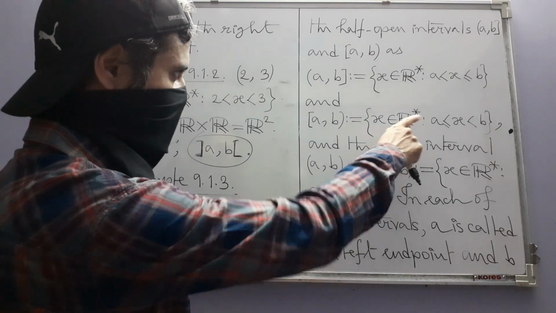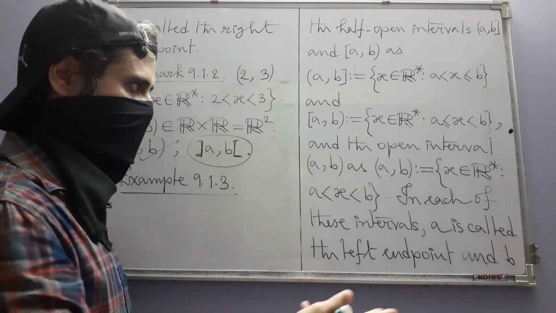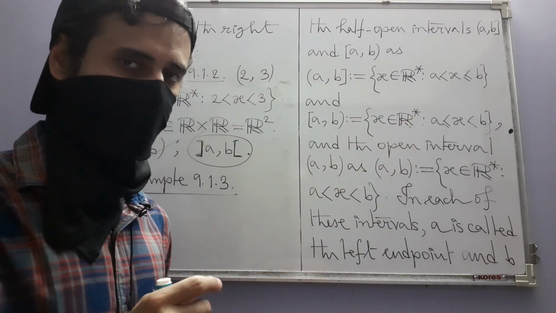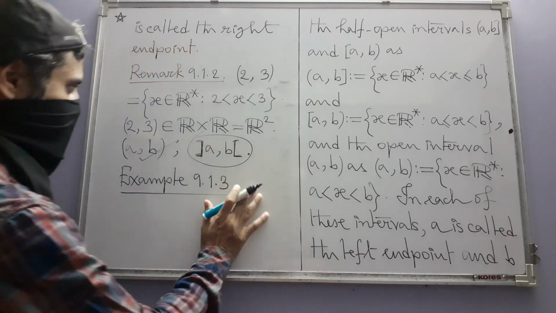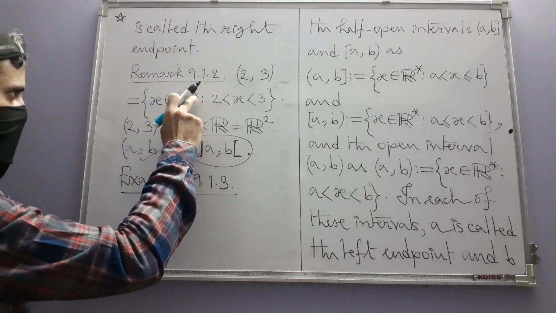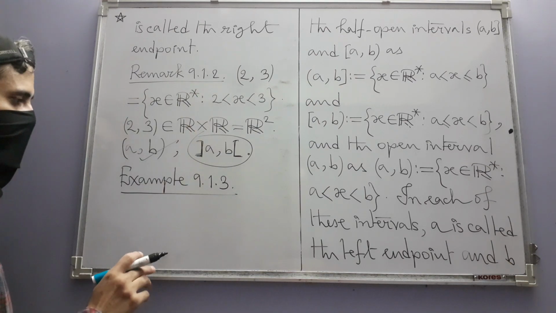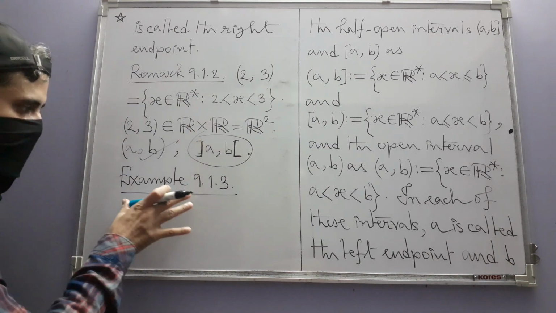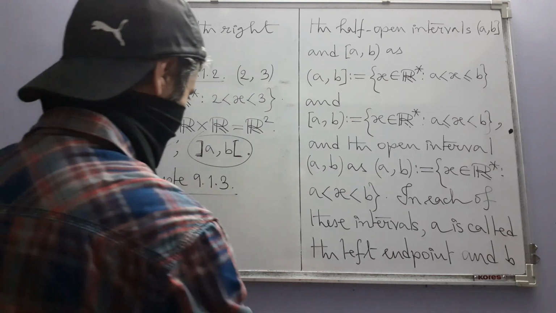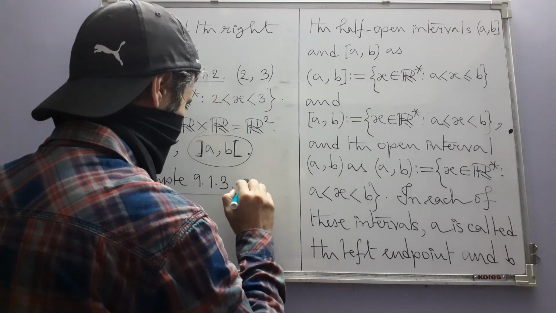Maybe not R star, but interval is something that you already are familiar with from calculus. So you may be thinking, can we not write just R here? And yes, we can, and in fact that's what we are going to write in this example.